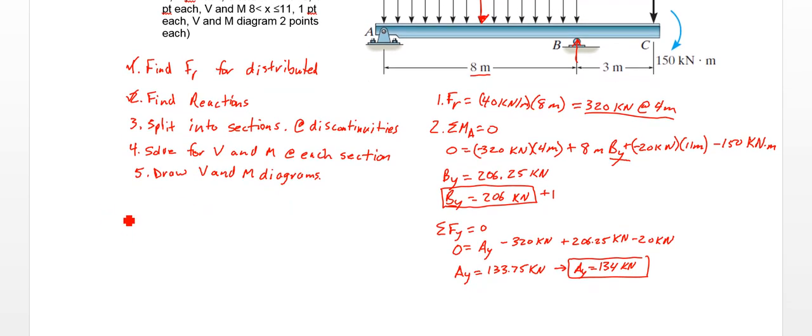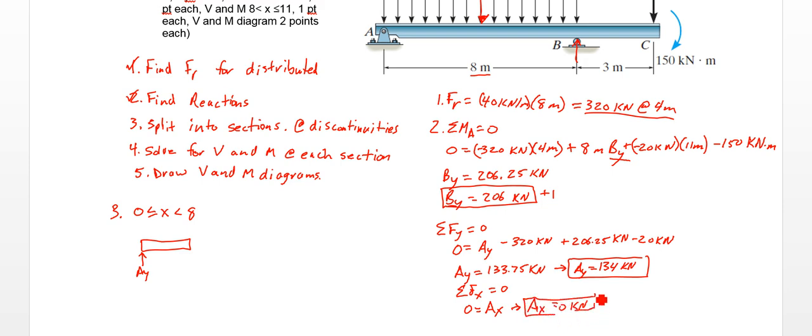So we'll have step 3, we'll have 0 is less than or equal to x, which is less than 8. So our beam here, we have AY. I should have written out here the sum of forces in x as well equals 0, 0 equals AX, so AX equals 0 kilonewtons.